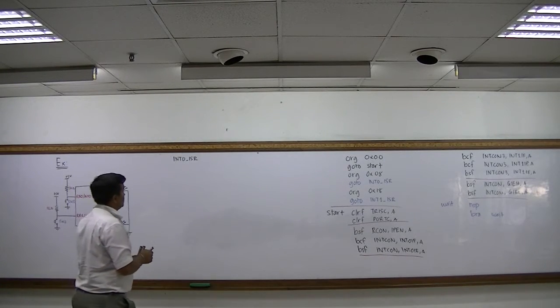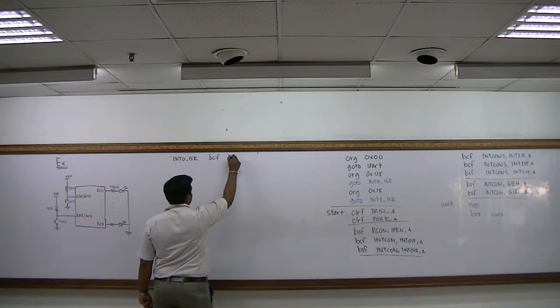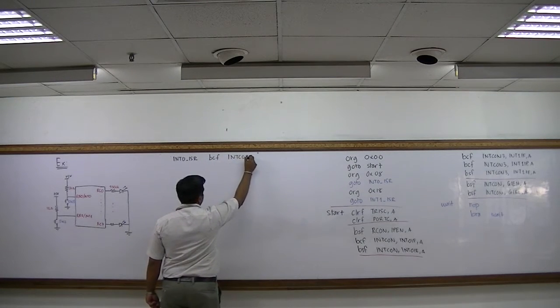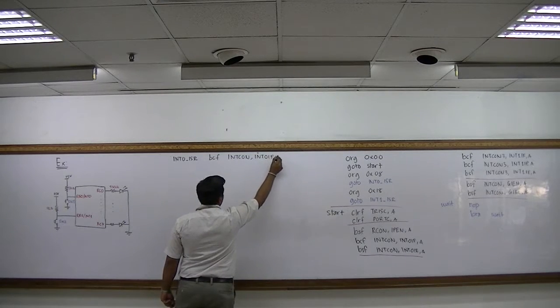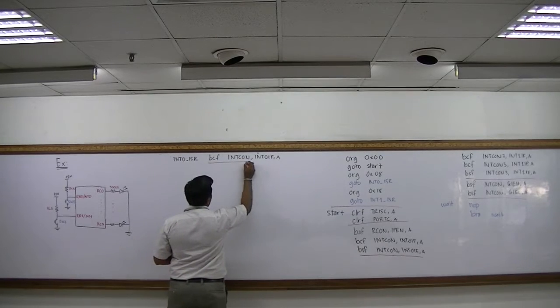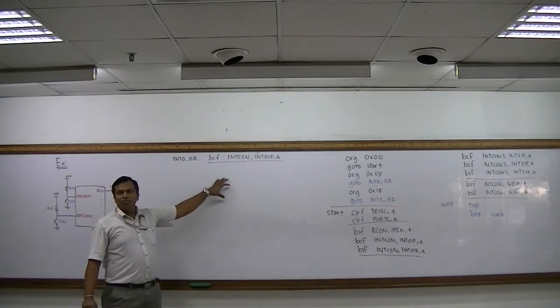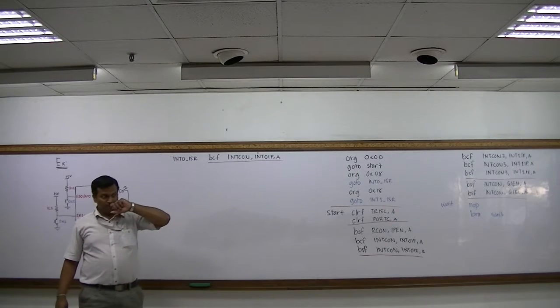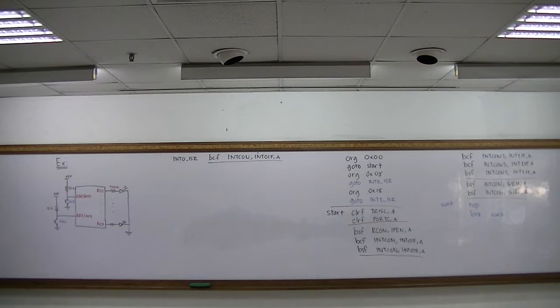Yes, you should always clear the flag. After you clear the flag, you have to do whatever task you're supposed to do. For the first switch, what's the task you're supposed to do? Turn on the lower nibble.